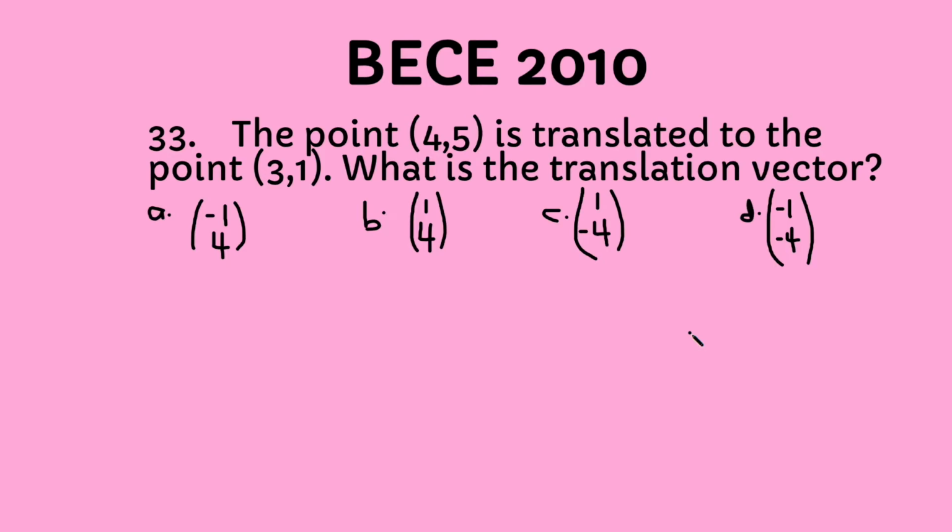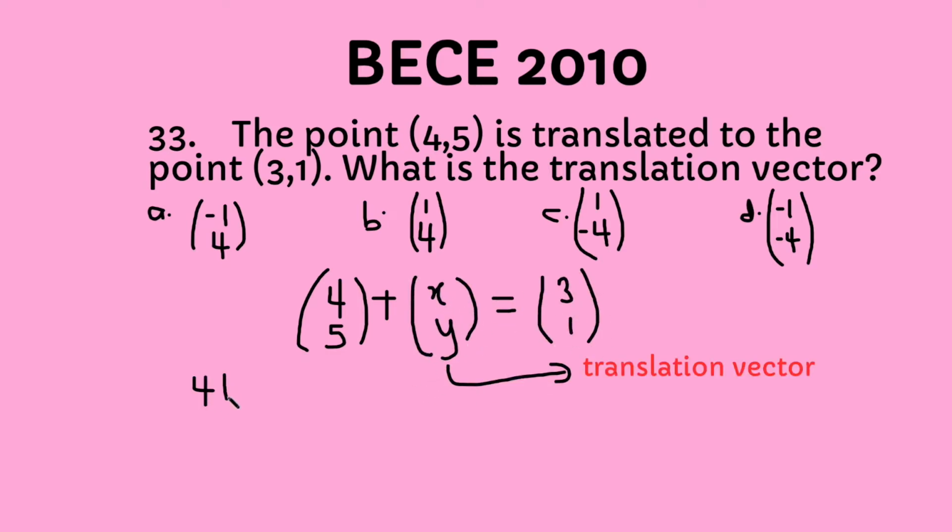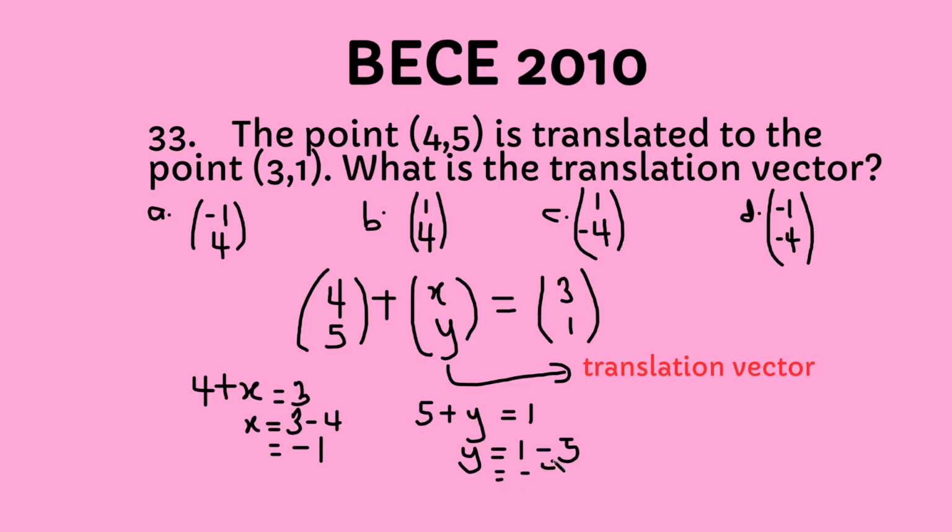To find the translation vector, we would write our solving equation as 4,5 plus x,y is equal to 3,1 and solve. Starting with x. 4 plus x is equal to 3. X will be negative 1. 5 plus y is equal to 1. Y will be negative 4. Our final answer will be negative 1, negative 4, which is D.